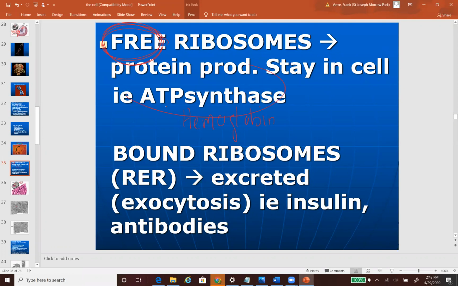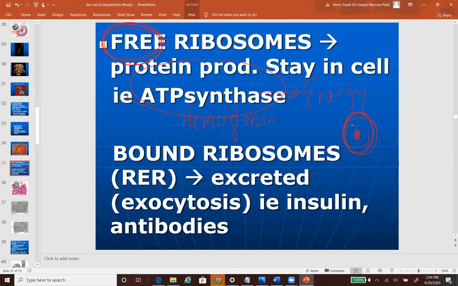Here's another protein, one whose job is to make energy. If a free ribosome makes some protein, that protein does not leave the cell. It stays in the cell. So if this is my cell, that protein would stay in the cell.